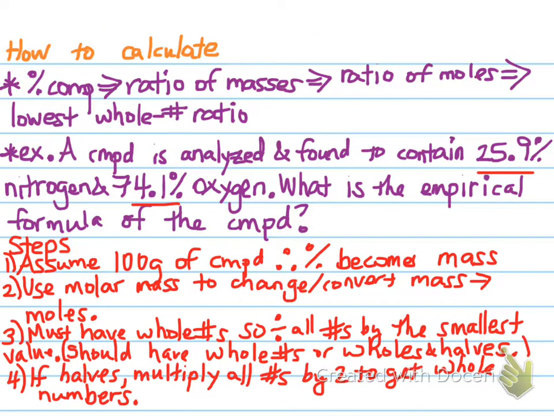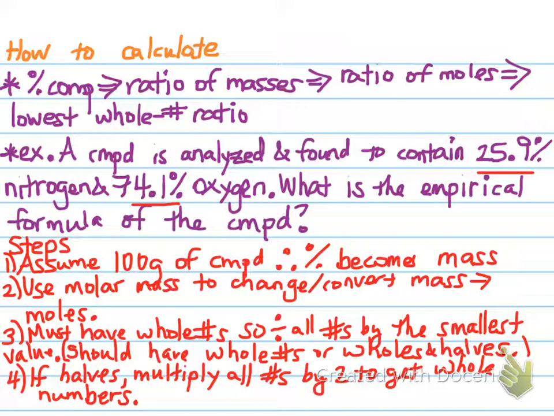So again, those steps. We assume we have 100 grams of compound, therefore our percentage becomes a mass. Because we have mass, now we're going to use our molar mass as a conversion factor to convert mass to moles. At that point, we either should have whole numbers, and if we don't, then the trick is we're going to divide all of our numbers by whatever the smallest value is.